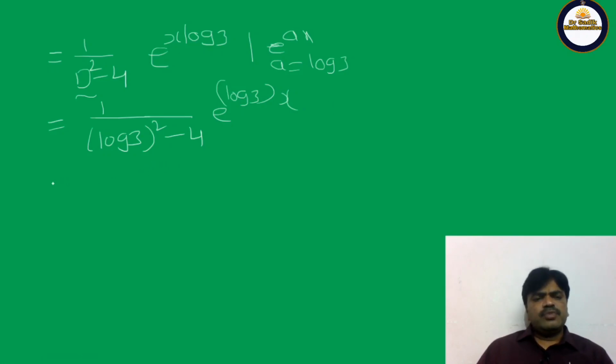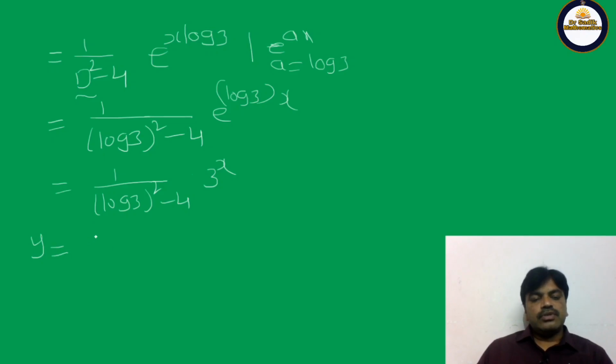It can also be written as 1 by (log 3) whole square minus 4 into 3 power x.